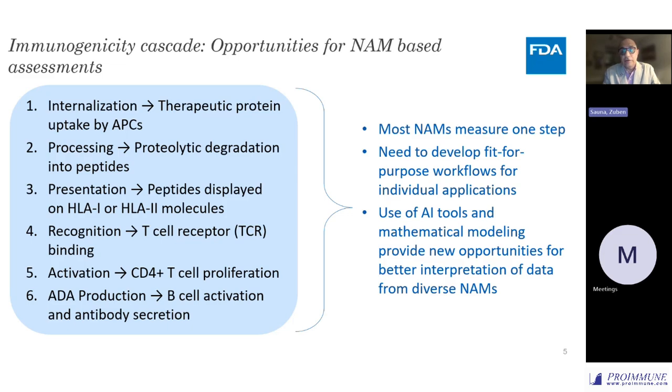For example, if you inserted an mRNA and got it to make a Cas protein, that would be an example of something that would take on the HLA class 1 pathway rather than the class 2 pathway. Then there is the recognition by a T cell receptor and activation of either CD4 plus T cells or CD8 T cells, resulting in their proliferation, and finally the development of antibodies.